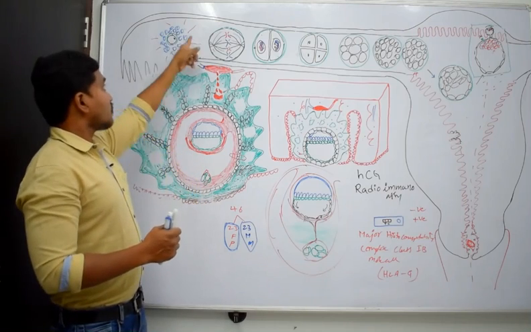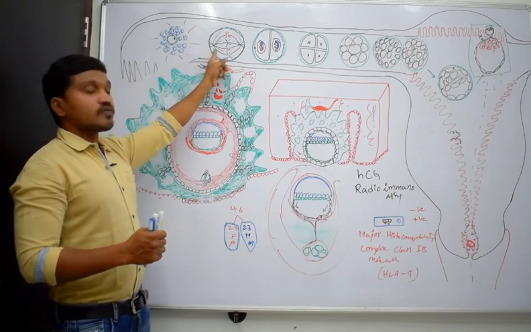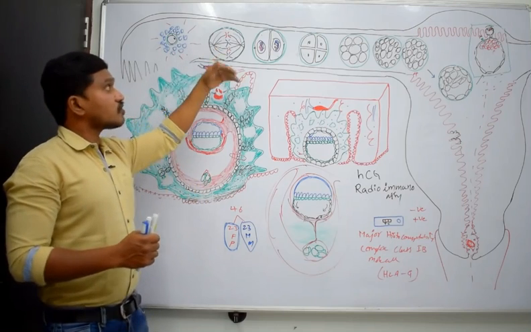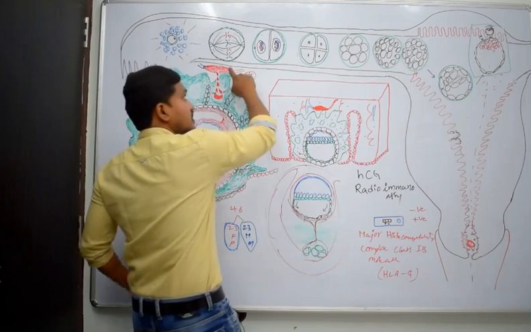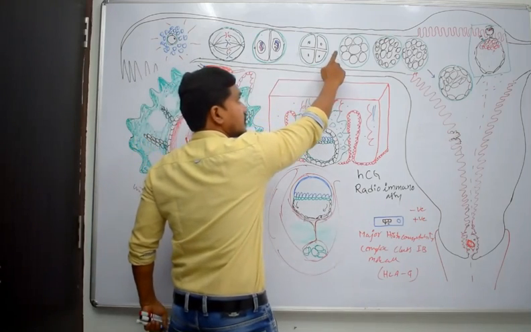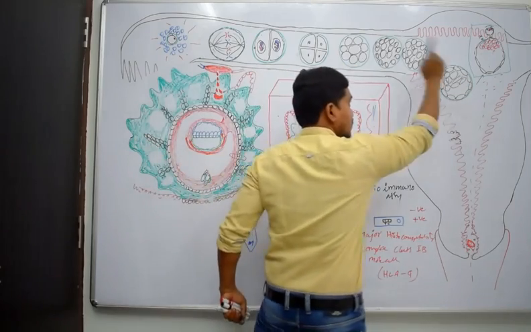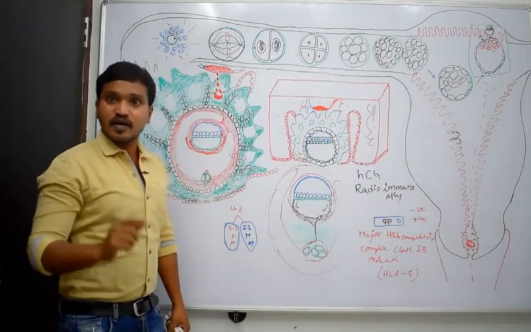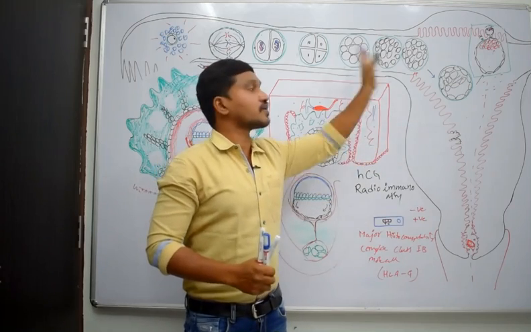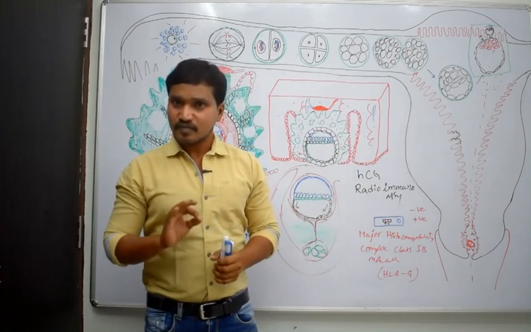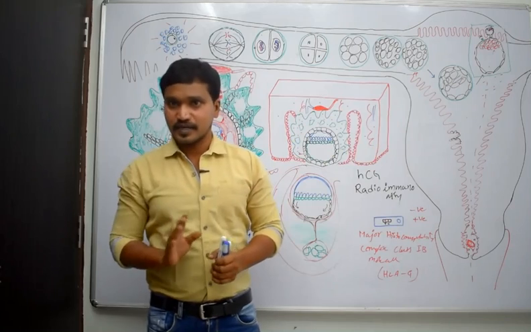See here, after fertilization, the zygote will be formed, then this zygote will go on developing. Along with development, there will be transportation of this embryo towards the uterine cavity. Around the 4th day it will reach the uterine cavity, around the 6th day it will be implanted into the uterus. Clear? That's what we have studied.